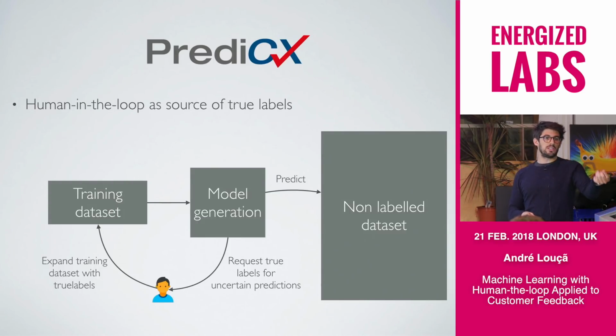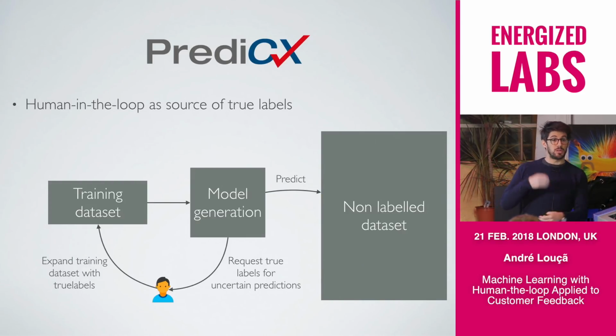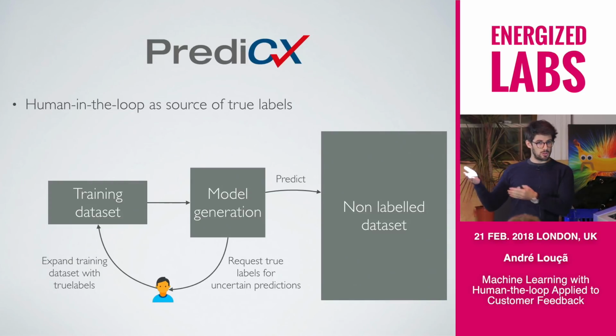So you ask, please label this data record. The labeler labels that data record, and you start creating a training set. You create a model, you predict, and for the ones that you are not so certain about, you ask, please, can you label those ones? Can you lead by example? Show me examples of what is a registration, or what is I cannot log in, for example.